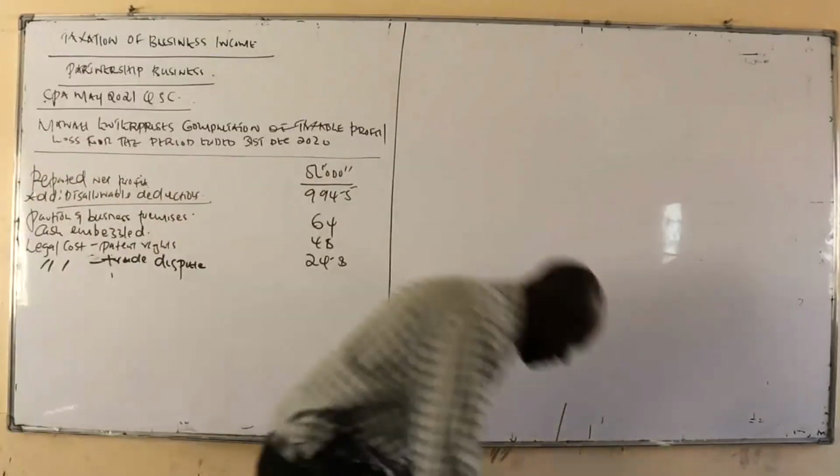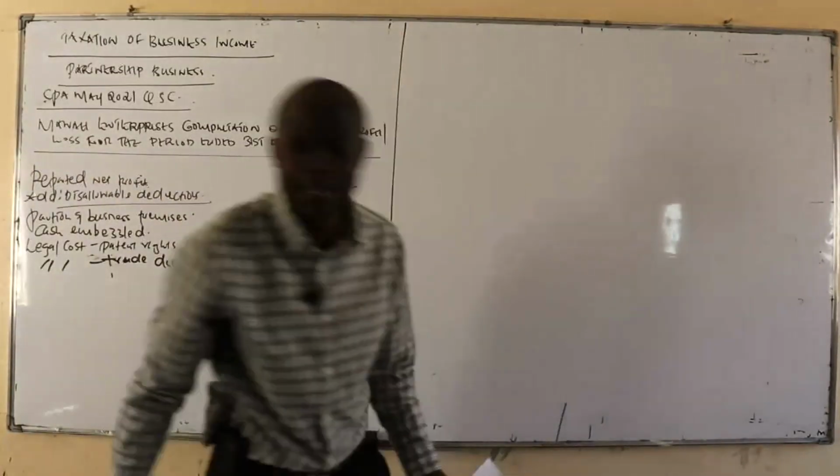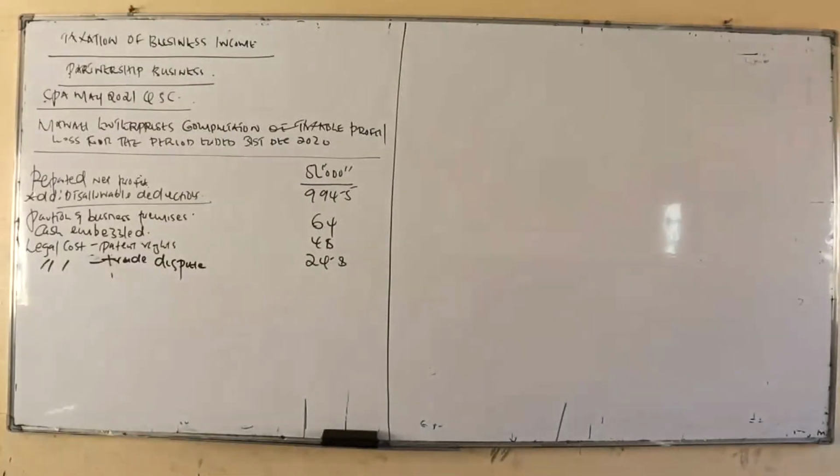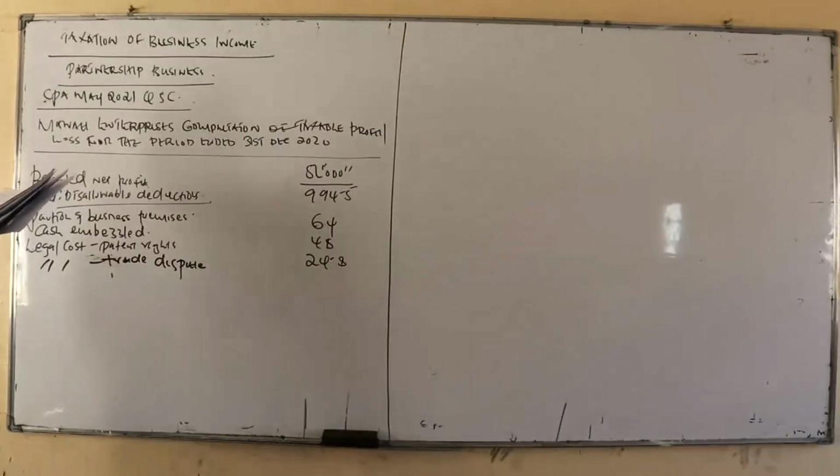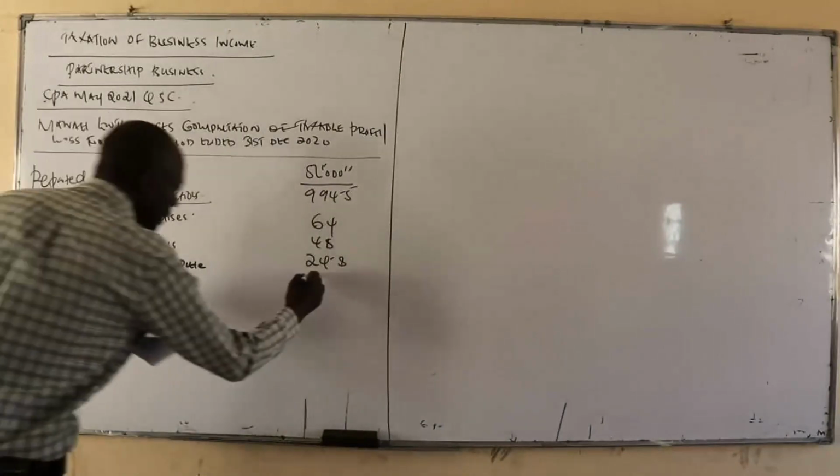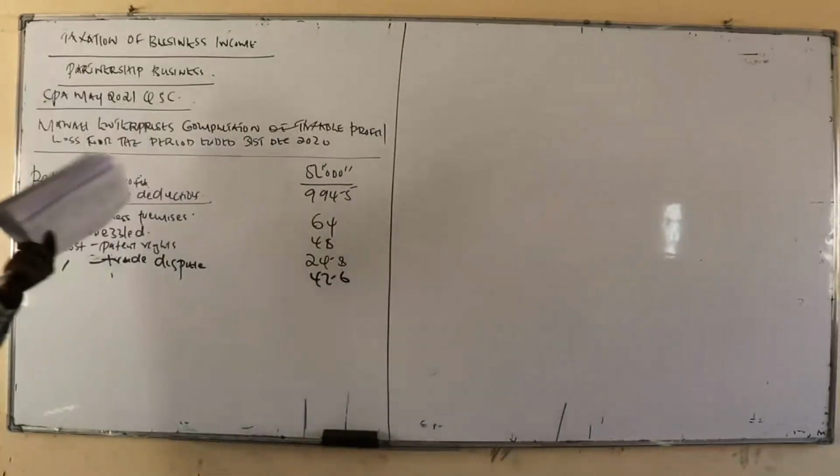This is patent. Why is it not red? It must be red, isn't it? So that is how much? 42.6. So you write here 42.6.